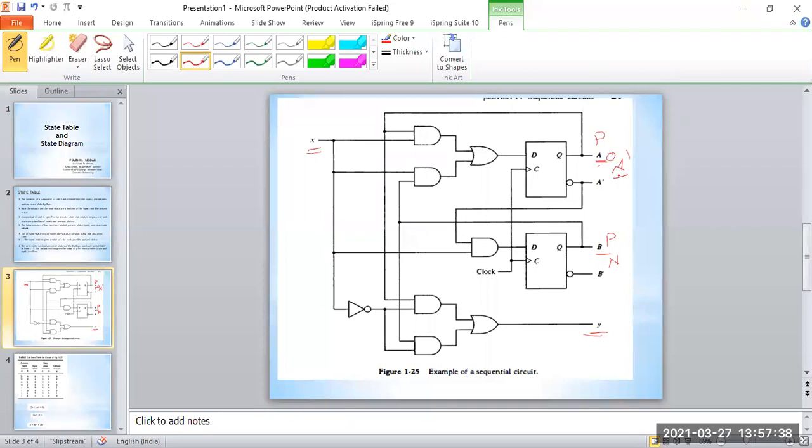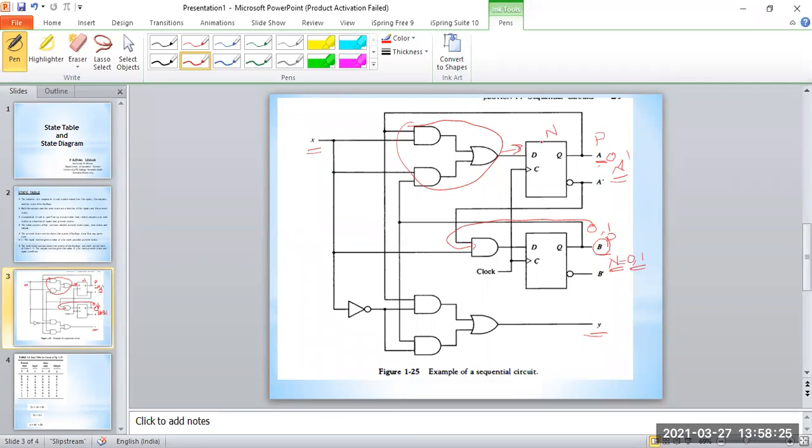The next state is what we get when the current input is fed to this logic. It gives us another output, and that is the next state of A. Similarly, B also has a present value, which might be 0 or 1. The next state of B is the output we get when the current state values are fed to this part. Again, it might be 0 or 1.